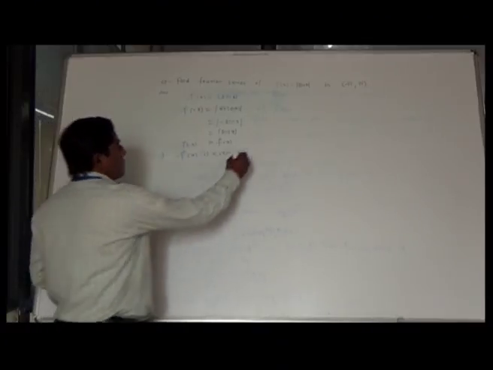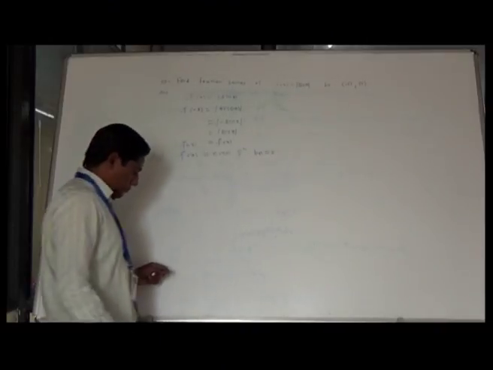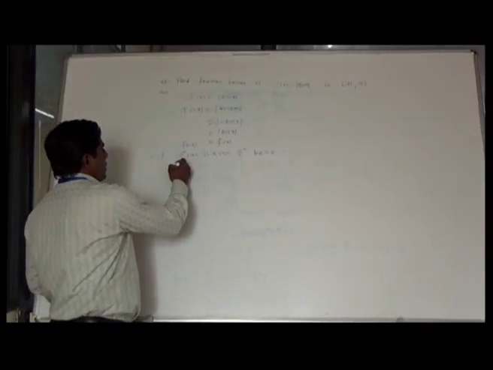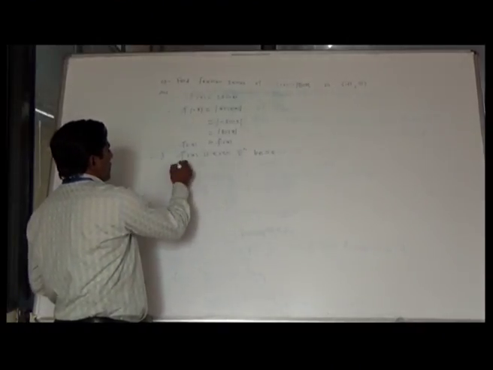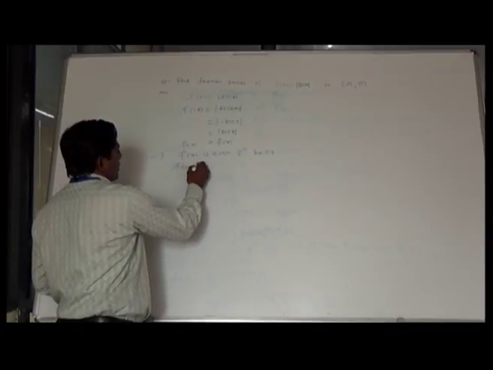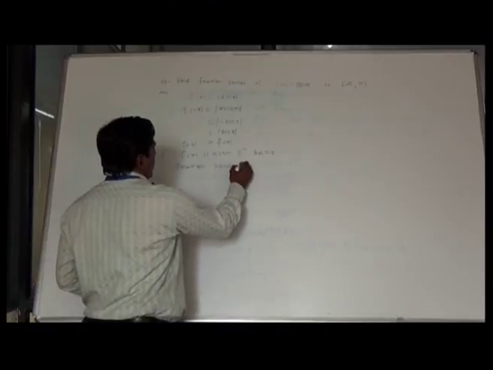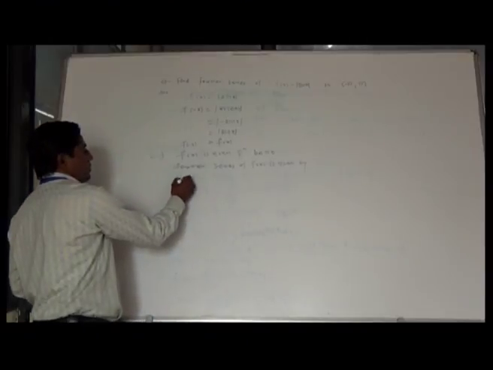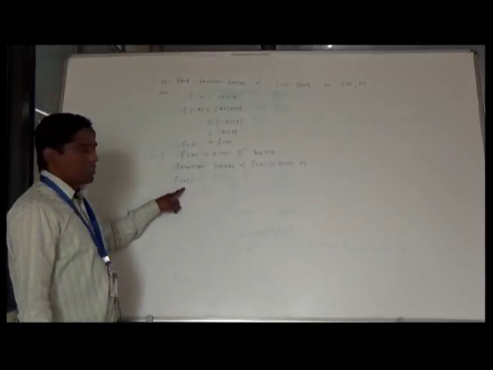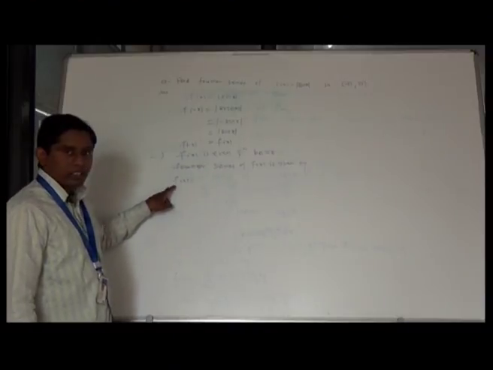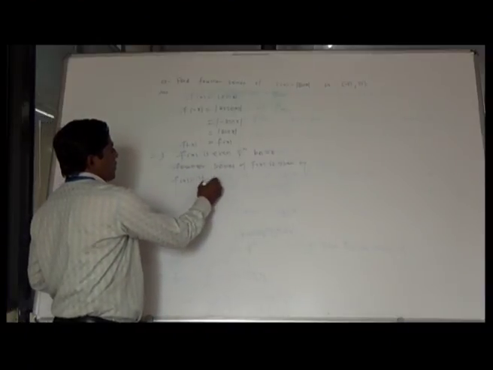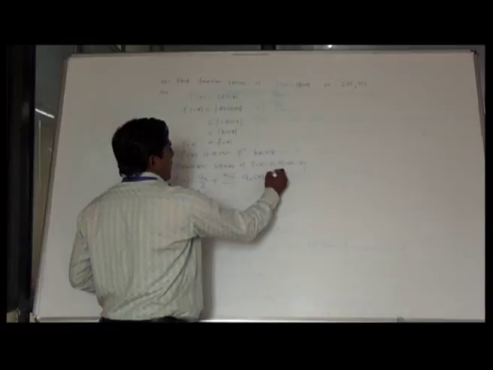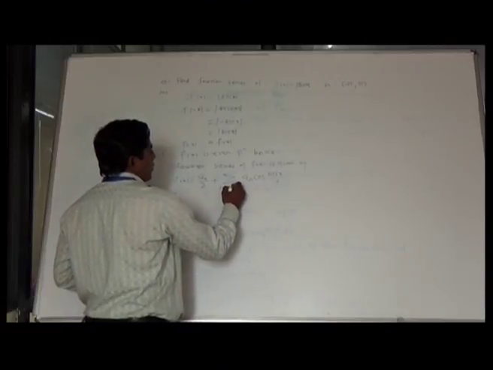For even function, bn is 0, and the Fourier series of f of x is given by f of x equal to a0 by 2 plus summation of an cos n pi x upon L, n running from 1 to infinity.